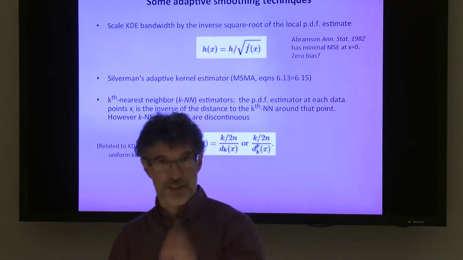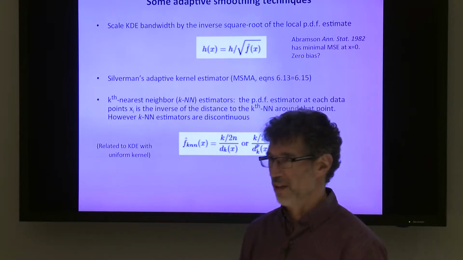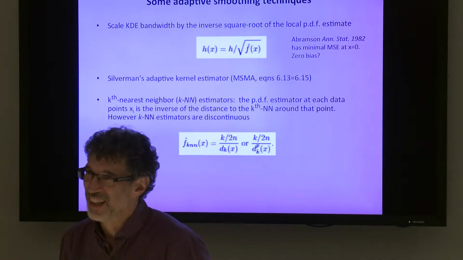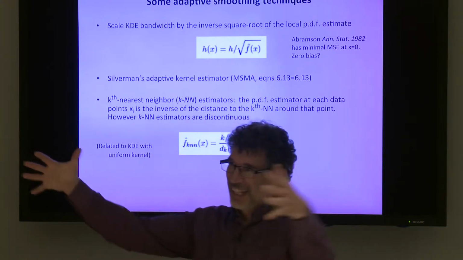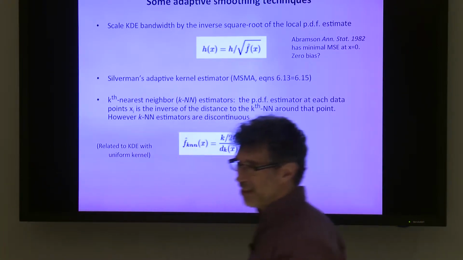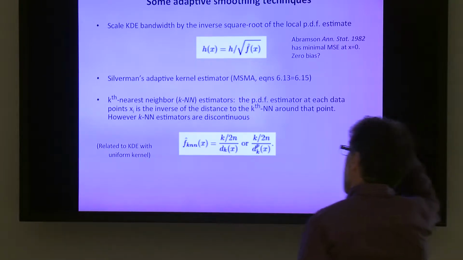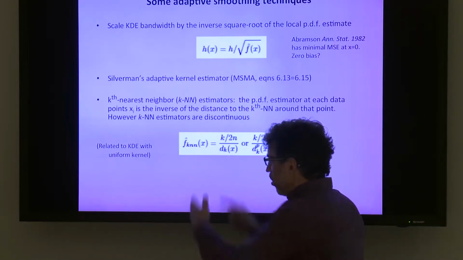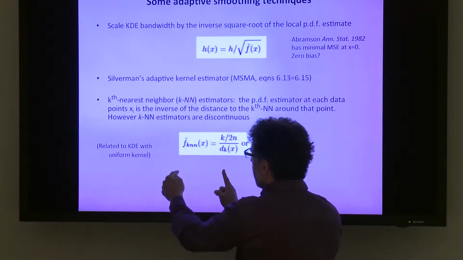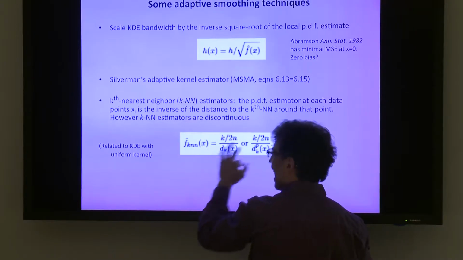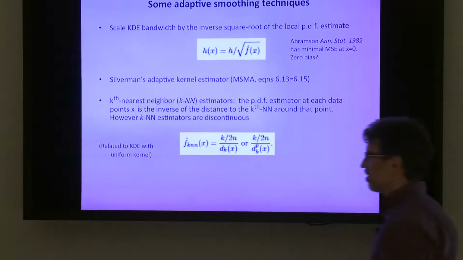The 9th nearest point, the 3rd nearest point, the 29th point, I don't know, just choose k, okay? So k is essentially like this bandwidth. There's no guidance on how to choose it that I know of. And so you go along, you find, oh, the 9th one is this far away, and so the estimate is just 1 over that, with some scaling and some normalization.